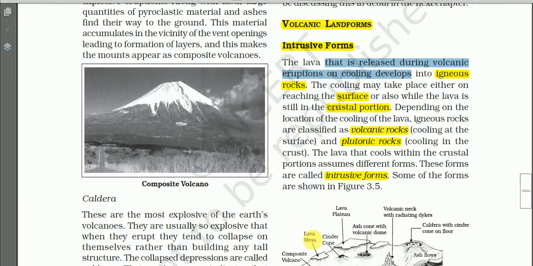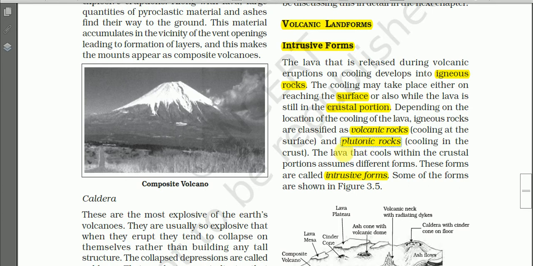As mentioned here, cooling may take place either on reaching the surface or while the lava is still in the crustal portion, and depending on the location, igneous rocks are classified as volcanic rocks, that is cooling at the surface, and if it cools in the earth crust, we call it plutonic rocks.